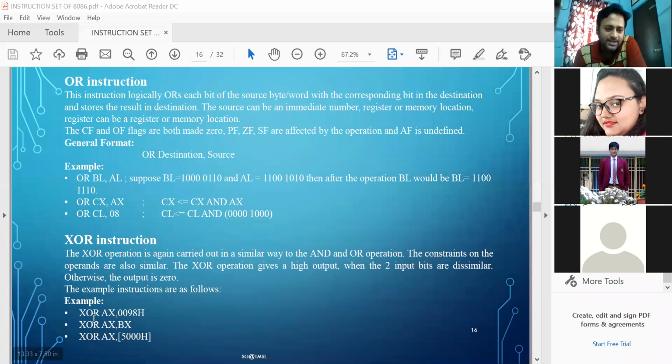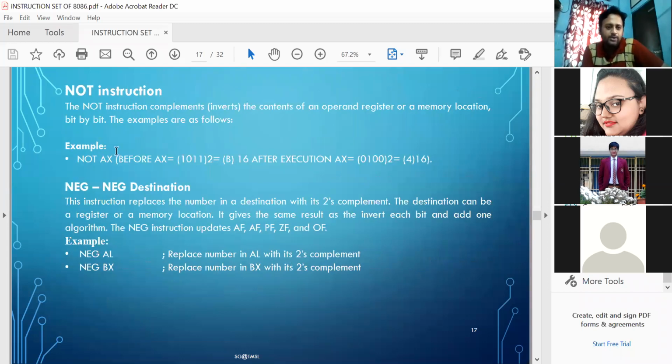XOR can be given as XOR AX, 0098: the number is directly XORed with AX, and the result is stored inside the AX register. XOR can also be performed register to register, XOR AX, BX. After that you can perform the NOT operation, NOT AX, the complement operation.